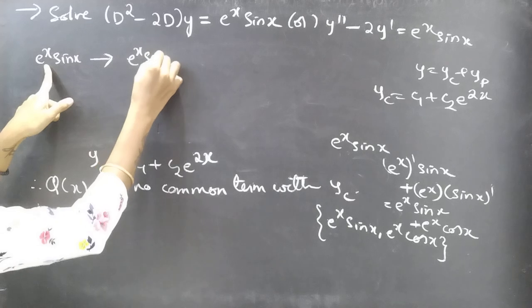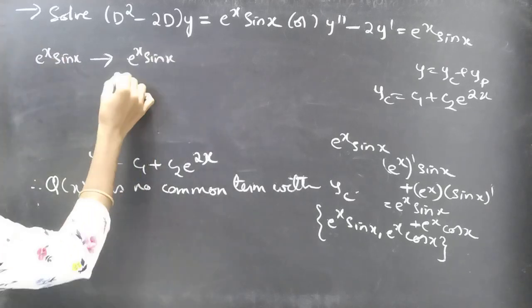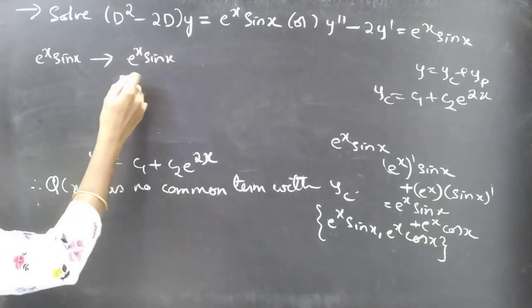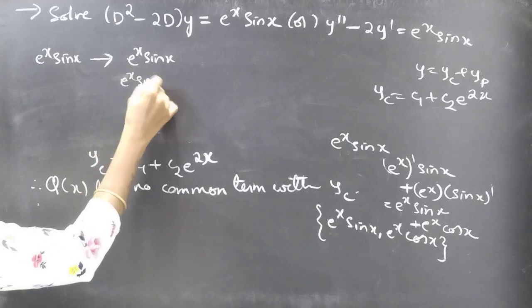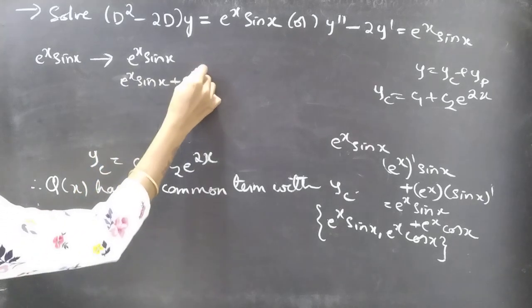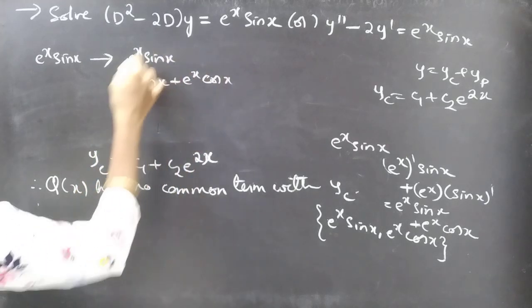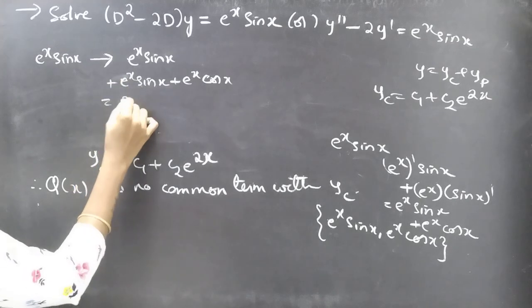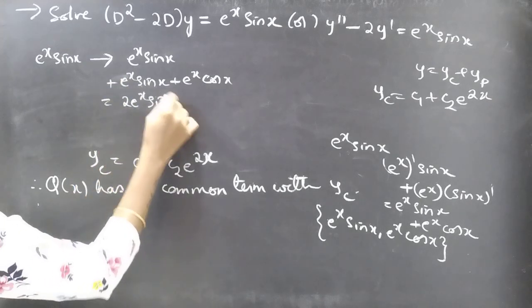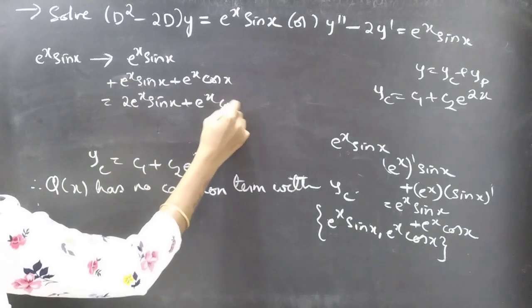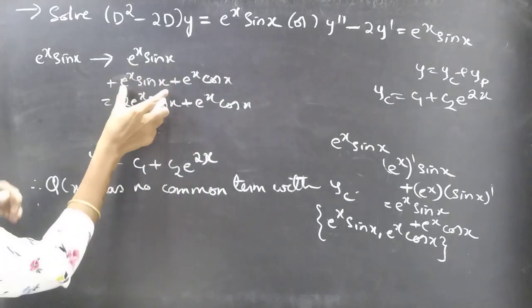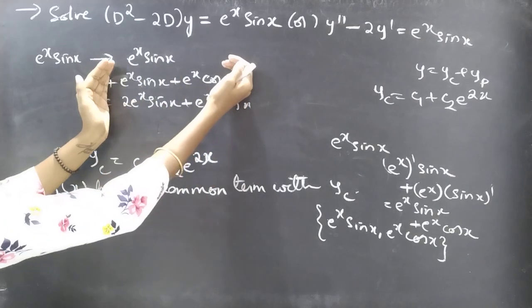So I am writing q of x again. Now I'll find its derivative, that is e power x sin x plus e power x into derivative of sin x, which is cos x. Now I'll add up all this. I'll get 2 e power x sin x plus e power x cos x, right? Q of x, and this is derivative of q of x.